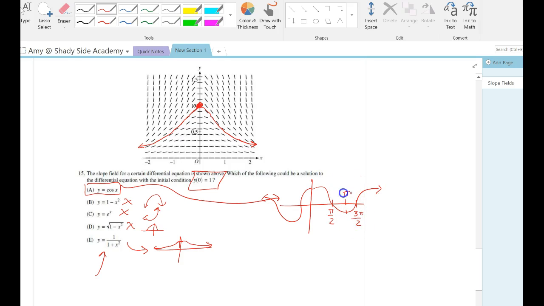Remember pi is about 3. So even though this looks the same right here, remember this one is flattening out as the sides go across here. Cosine doesn't flatten out, it goes farther down, and then it starts to flatten out under the x-axis over here. So we can eliminate cosine as well, and we're just going to be left with E.